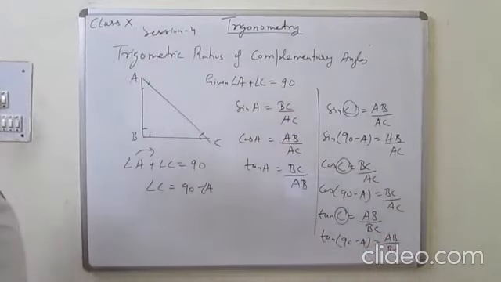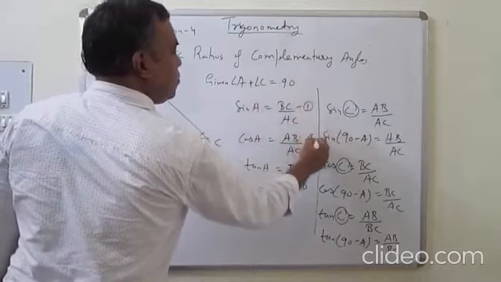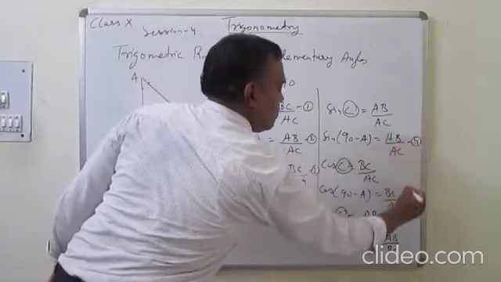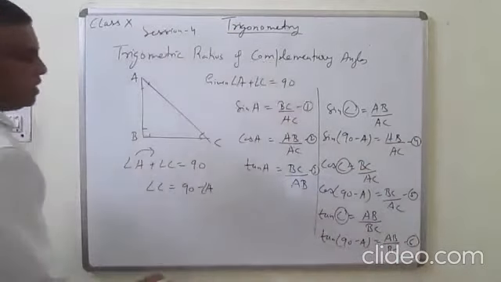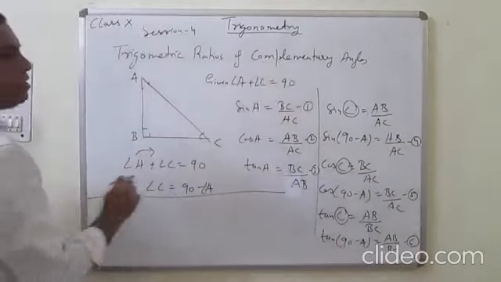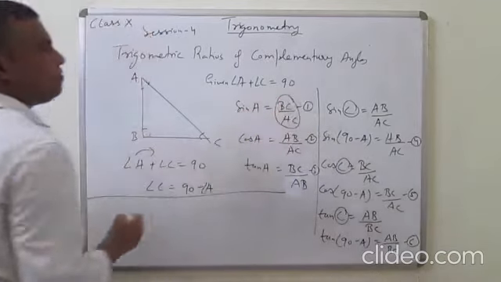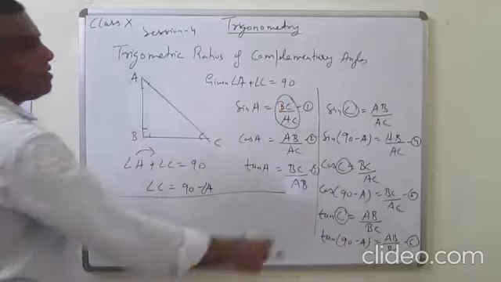Now give the names to the equations. This is equation 1, 2, 3. This you give 4, 5 and 6. Now you use the relations. BC upon AC, put the value of BC upon AC. क्या हो जाएगा?